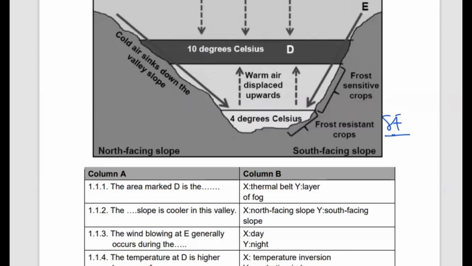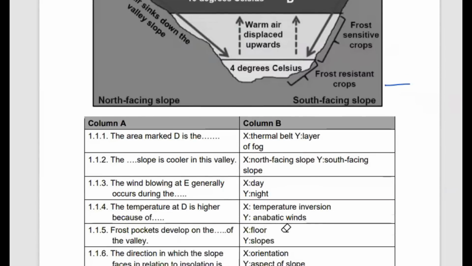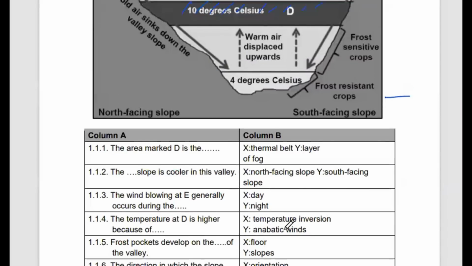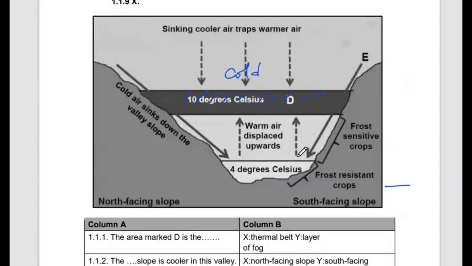Right, so the first question is saying, the area marked D is this area here. This area that you are seeing, the area marked D. So this area here is a zone of warm air, which is bound by cold air on top. Remember, we said there's strong descending air, and also we have cold air from the bottom, which has managed to sink into the valley.